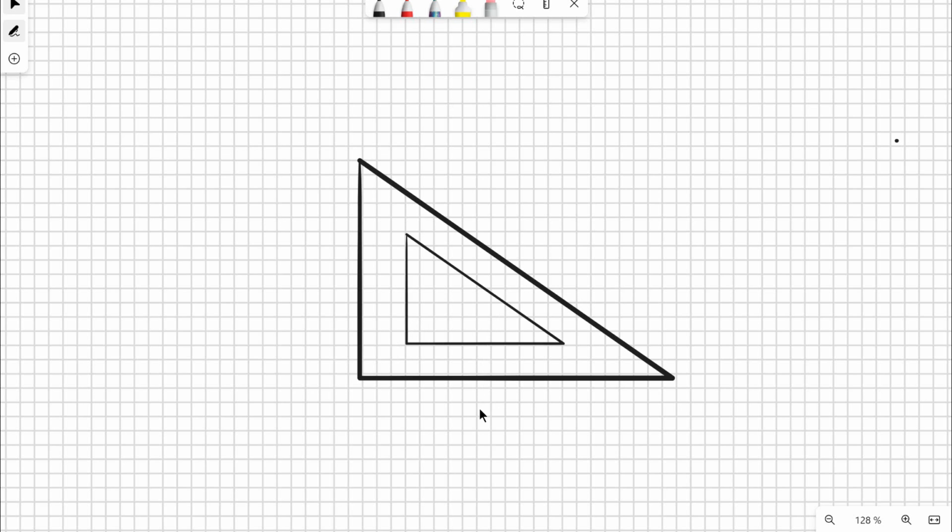What of these properties guarantees similarity? I'm going to show you that parallelism of the sides guarantees similarity. Otherwise, equality by pairs of corresponding angles also guarantees similarity.